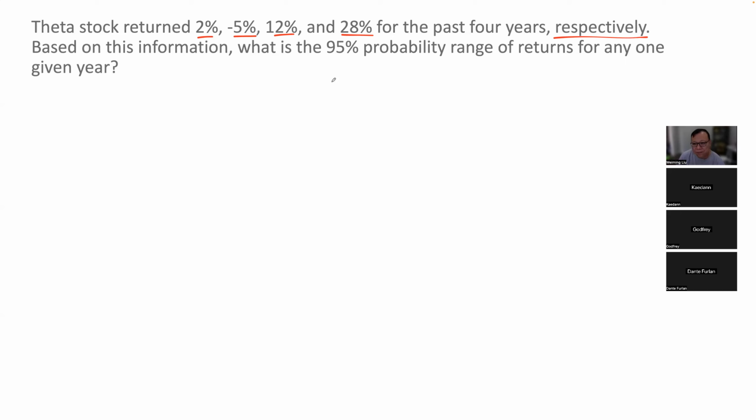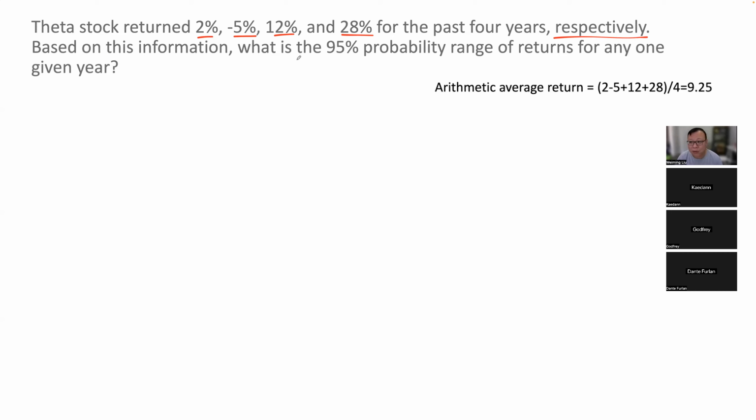So what is the 95% probability range? The most likely return would be the average return, right? But if you think about the range, what is the chance that the return in any year falls into a range with a 95% probability? That's basically the question.